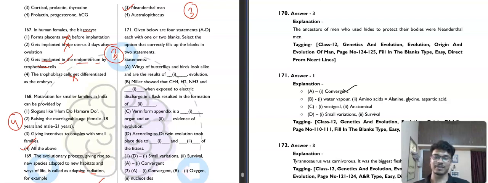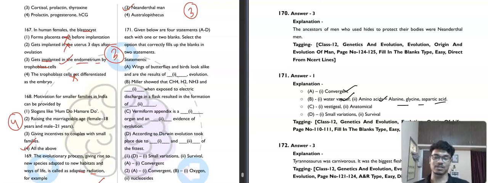Okay. Then Miller shows CH4, methane, H2 and ammonia, and H2O, when exposed to electric discharge in a flask resulted in the formation of dash. So, and water vapor resulted in formation of amino acids, alanine, glycine and aspartic acid.